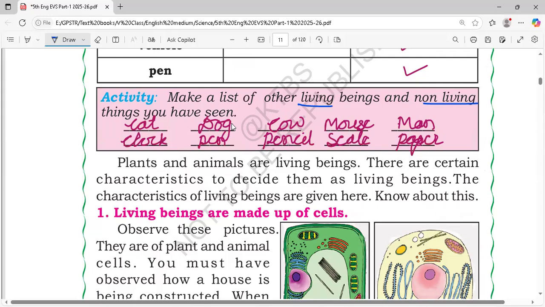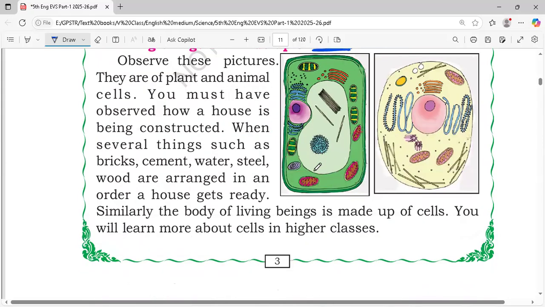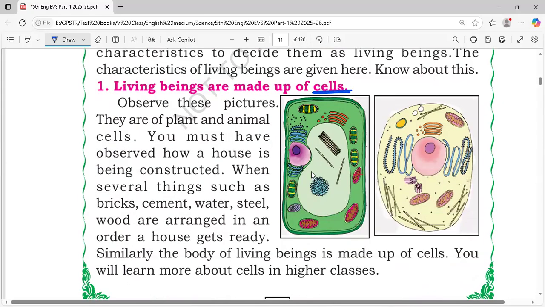Plants and animals are living beings. There are certain characteristics to decide them as living beings. The characteristics of living beings are given here. Know about this. First characteristic: living beings are made up of cells. See, this is plant and animal cells. Observe these pictures.